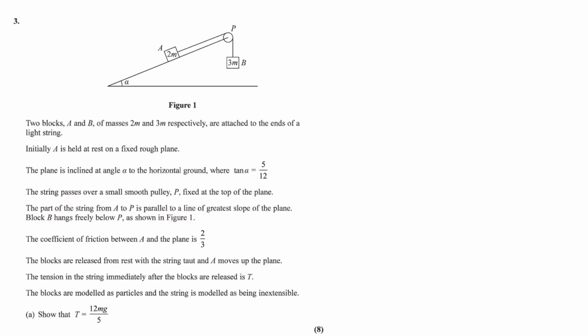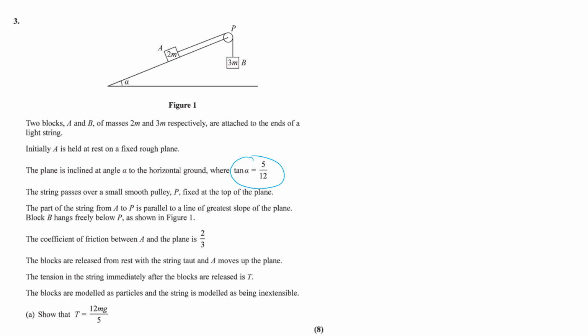This is a question involving friction and an inclined slope, and we have got that the two blocks are joined by a light inextensible string. So light, so the weight doesn't need to be taken into account, and inextensible, so the acceleration is going to be the same throughout. It's on an inclined slope with alpha, and tan alpha is 5/12.